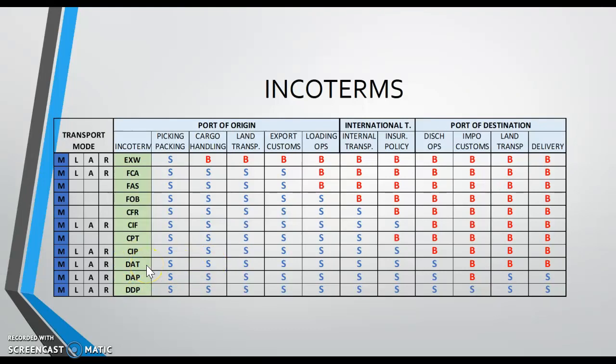We have Delivered at Terminal, where we make all the operation at port of origin, international transportation, and perform the unloading. And then all the other process must be performed by the buyer.